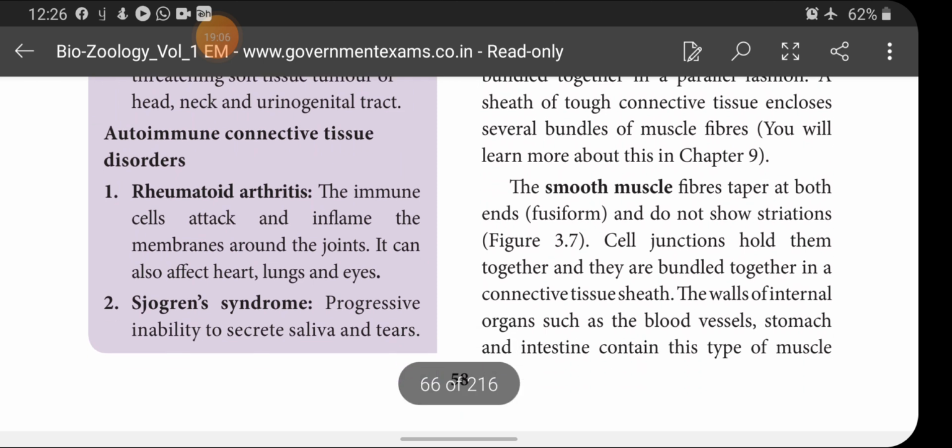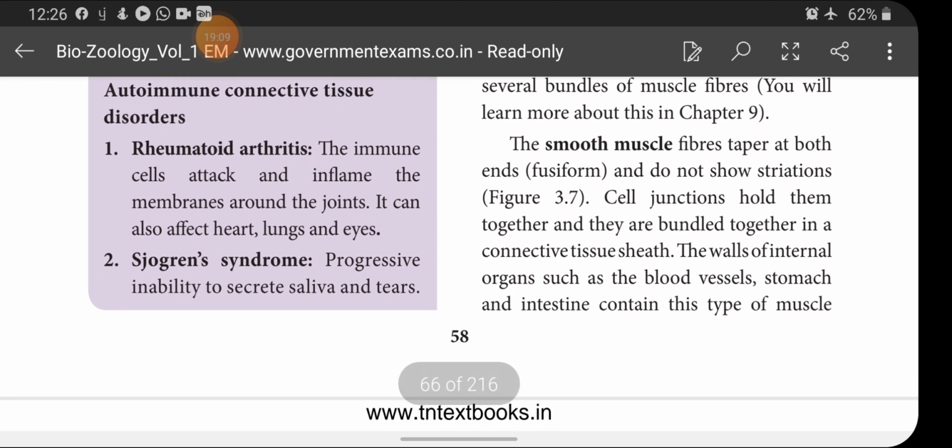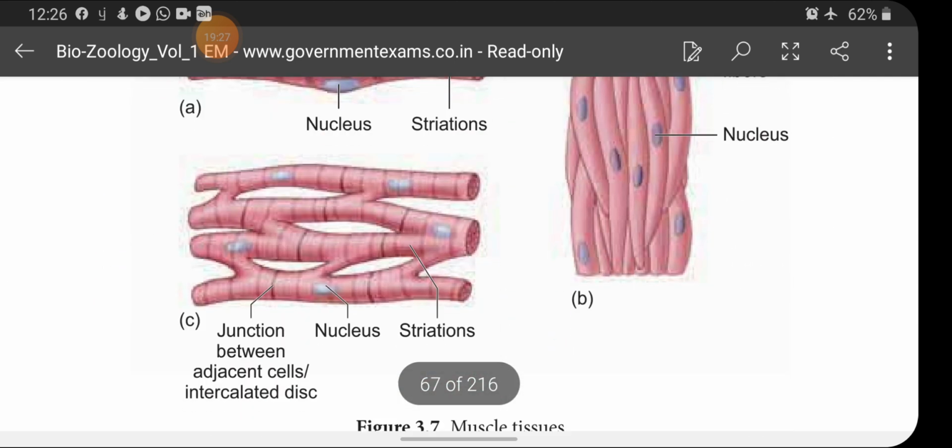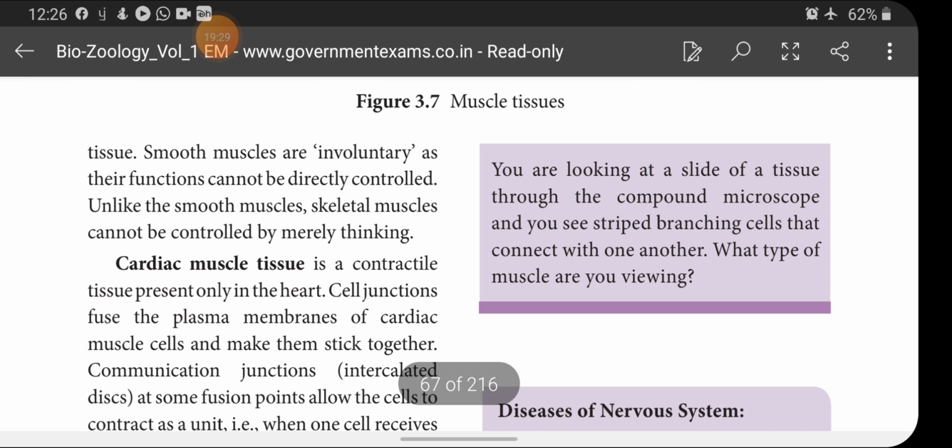Next, smooth muscle. The cells taper at both ends and do not show striation. So cell junctions hold them together and they are bundled together in a connective tissue sheath. The walls of internal organs such as the blood vessels, stomach and intestine contain this type of muscle tissue. Smooth muscles are involuntary as their functions cannot be directly controlled.